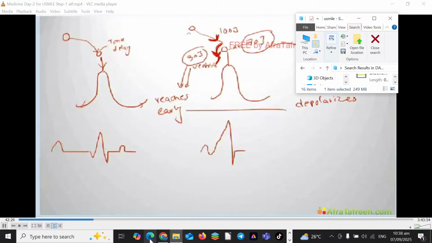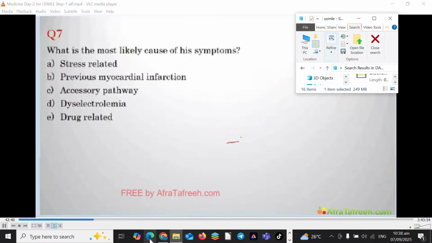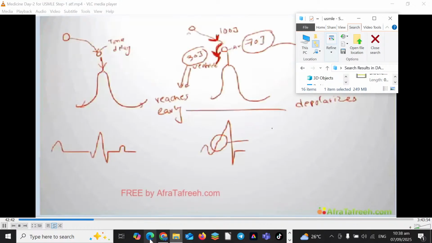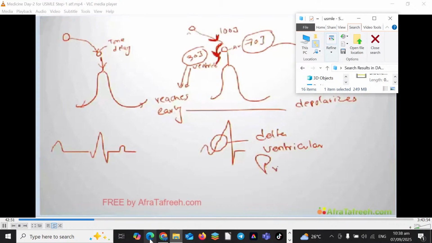The whole point of all this is, this results in this wave here, which is called the delta wave. This delta wave is because of ventricular pre-excitation. Ventricular pre-excitation results in the delta wave.